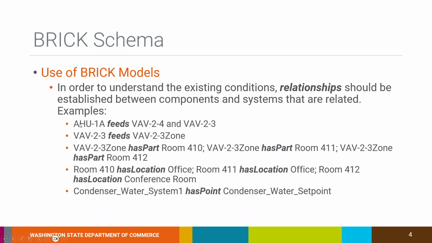These examples here show kind of what I showed you in the Excel, where you can have a relationship between the air handling unit and the sub-equipment that it's fed by. We only included has part and is fed by. There are other types of relationships, like has point, which relates to control points, within the BRICK schema. So that is the reason why it's listed as has part and is fed by.